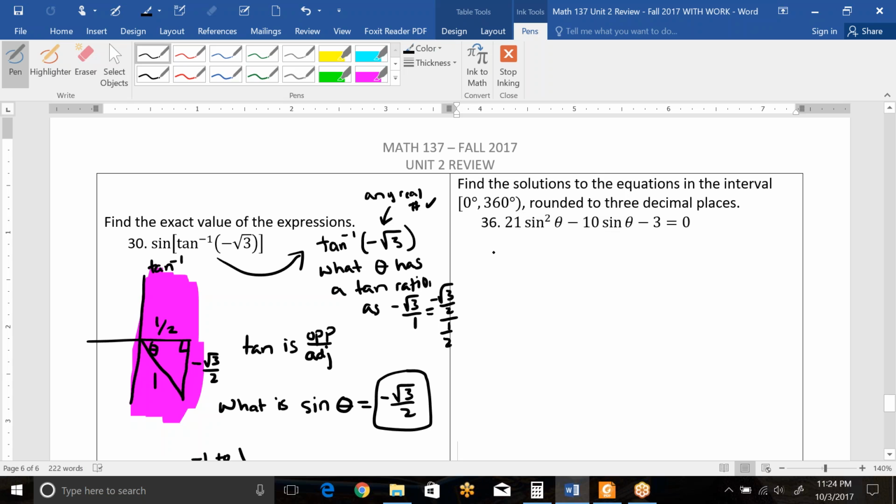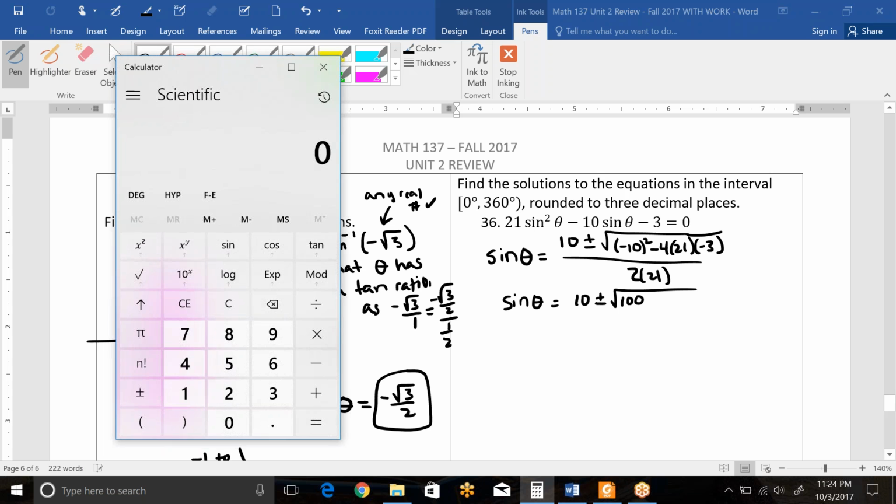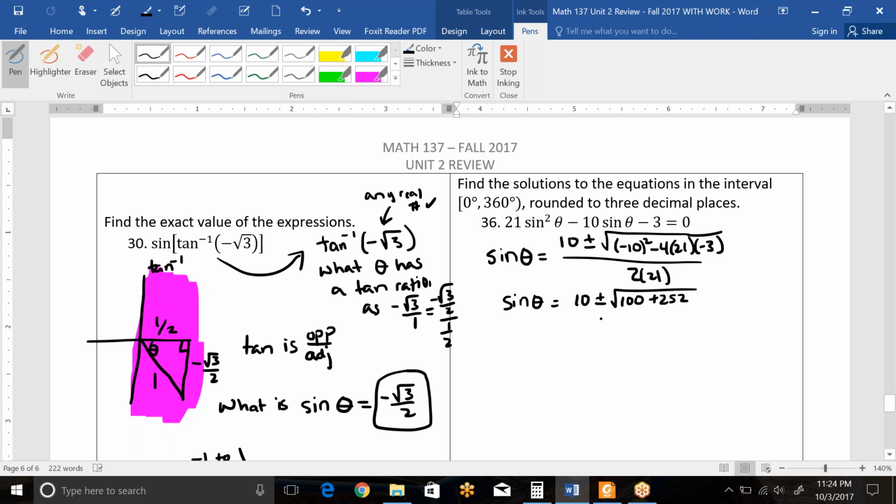Since x is kind of like sine theta, we're going to be doing sine theta equals negative b plus or minus the square root of b squared minus 4ac, all over 2a. So this would be sine theta equals 10 plus or minus the square root of 100, and then this is going to end up being a plus because you have two negatives multiplied together, plus 252, all over 42.